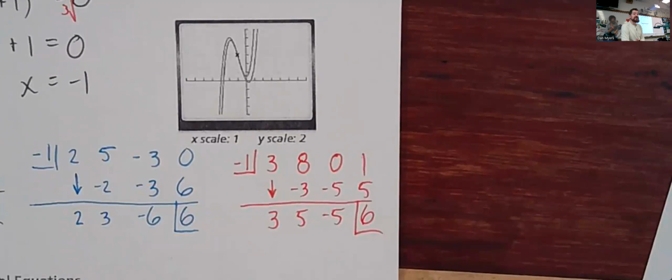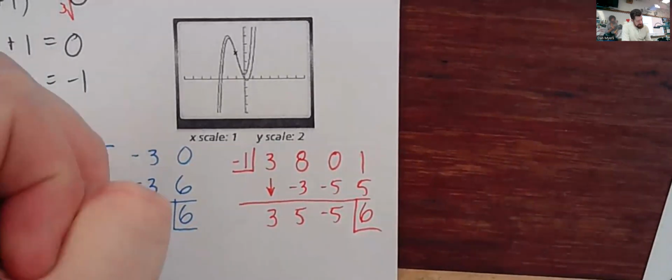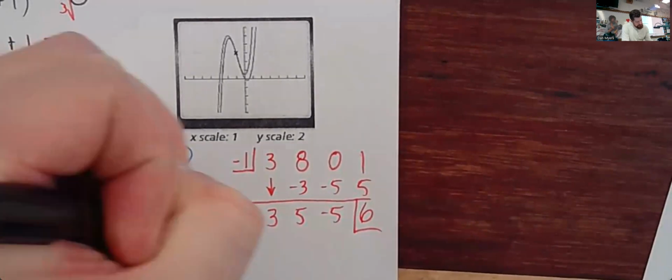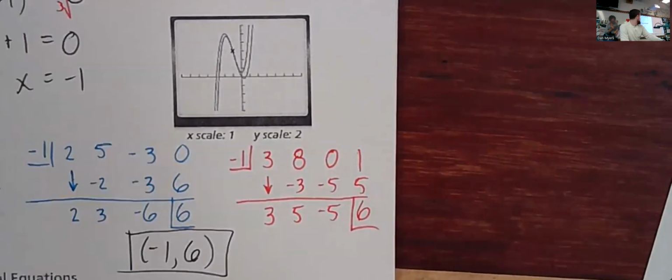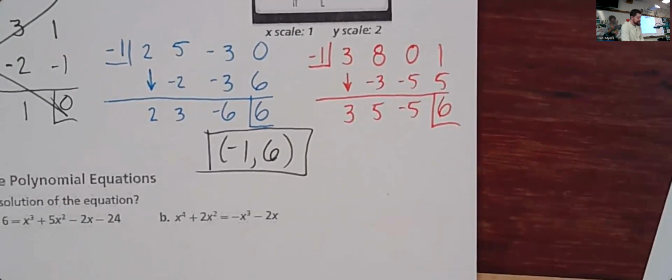So both of those separate functions, both of the separate polynomials, when evaluated for x equals -1, give us a y value of 6. So the point of intersection, the solution, is right here: -1, 6. That's the answer. -1, 6.